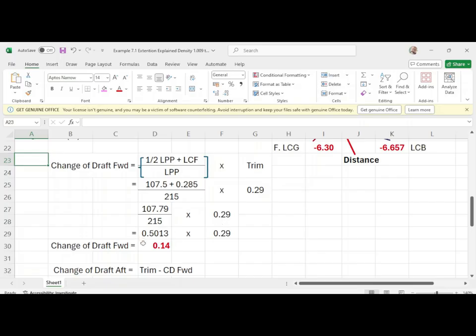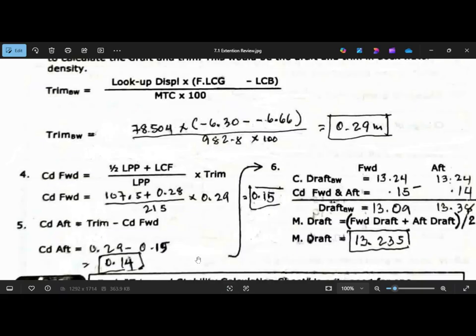Divide this one, that will be 0.513. 0.5013 times your trim, and your change of drop forward will be 0.014. Okay, and change of drop forward is 0.15 here, but I got 0.14.